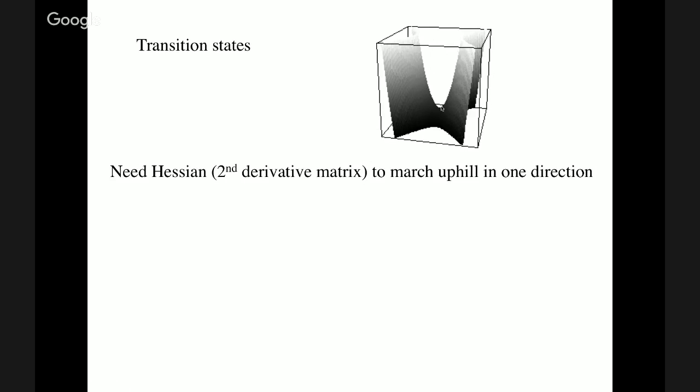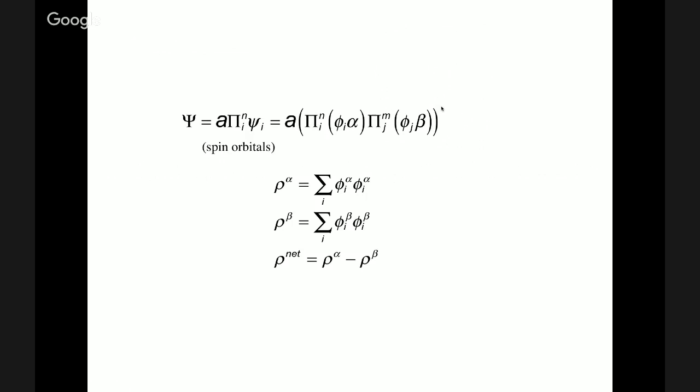Okay, if we're thinking about unpaired electrons, we want to consider our product wave function where we have a certain number of electrons in alpha spin orbitals and a certain number of electrons in beta spin orbitals.